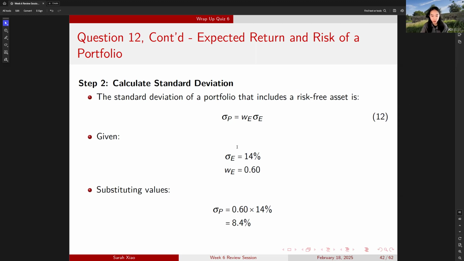Since we have all the necessary information here, we just plug in these two numbers in the formula and we get 8.4% of the standard deviation.